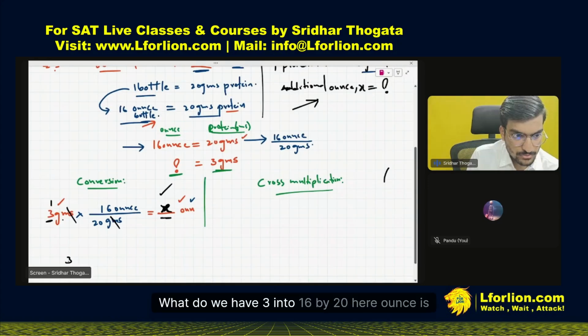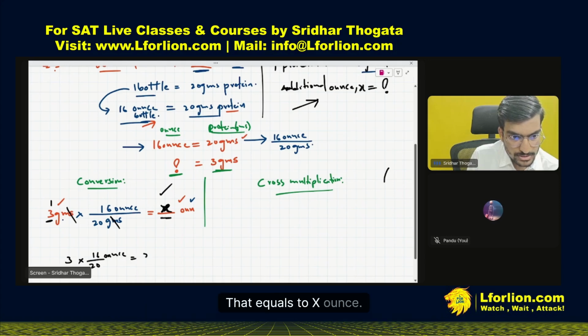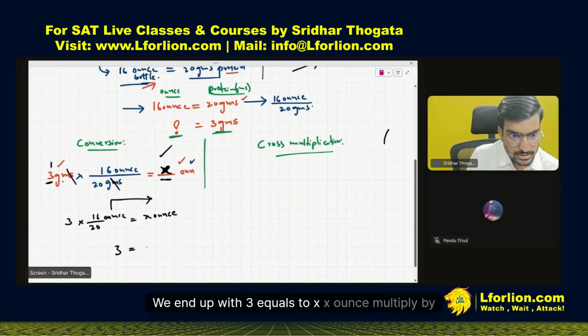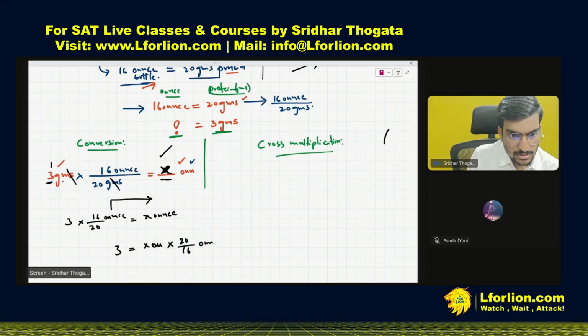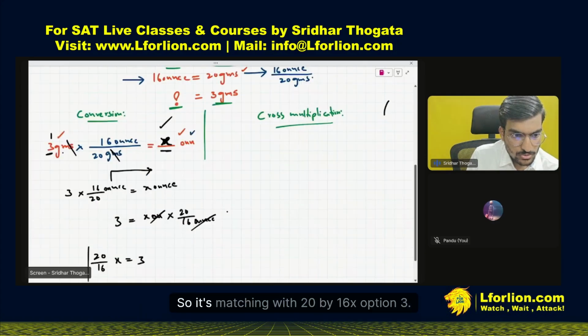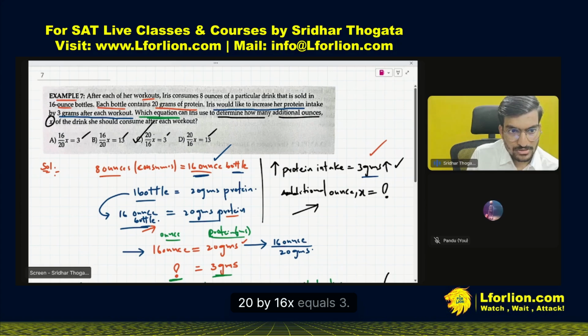We have 3 into 16 by 20 ounces, which equals x ounces. Now we transpose this to the RHS. We end up with 3 equals x ounces multiplied by 20 by 16 ounces. So ounce comes in the denominator and cancels off. So we can write directly 20 by 16x equals 3. It matches option 3, 20 by 16x equals 3.